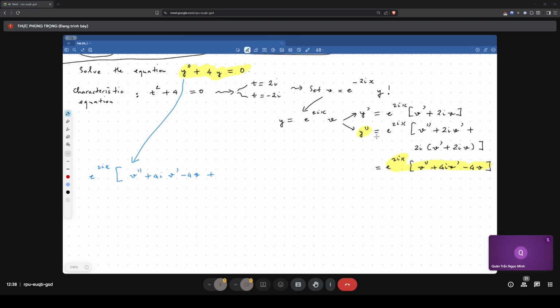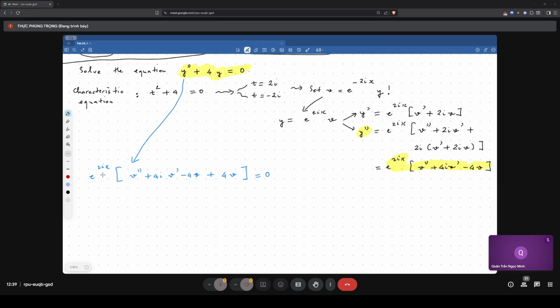So this is y double prime plus 4y. This is y, 4y is 4v. And this is 0. The 4v right here comes from 4y. So you can see now you have minus 4v plus 4v, you get 0.